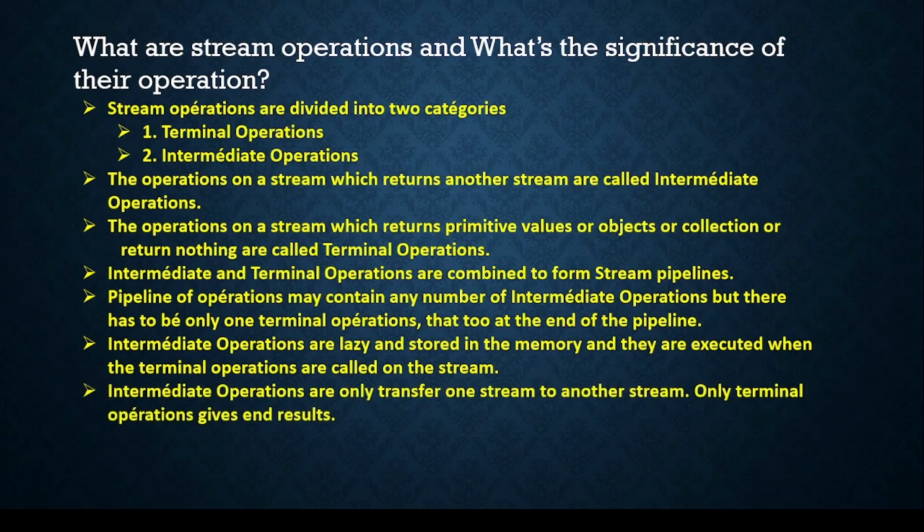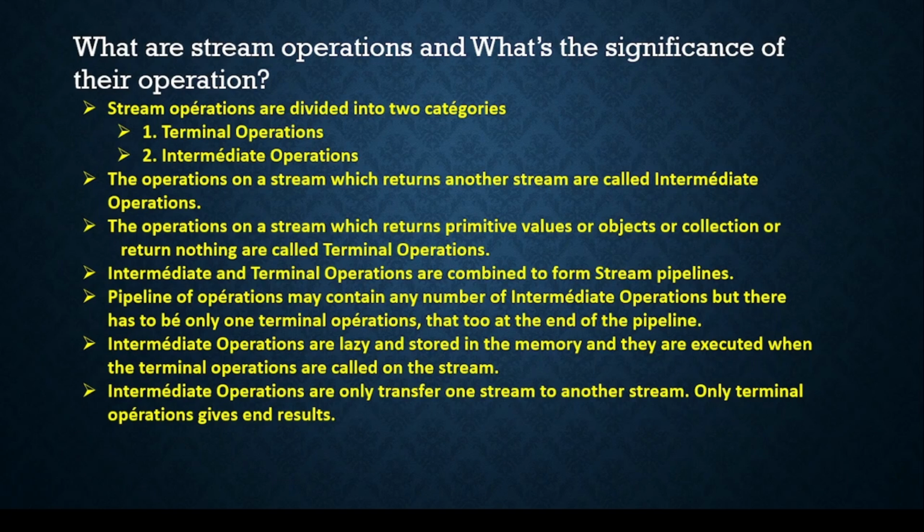Intermediate operations only transform one stream into another stream. Whenever we call an intermediate operation, it is going to create a new stream instead of the previous stream we have.